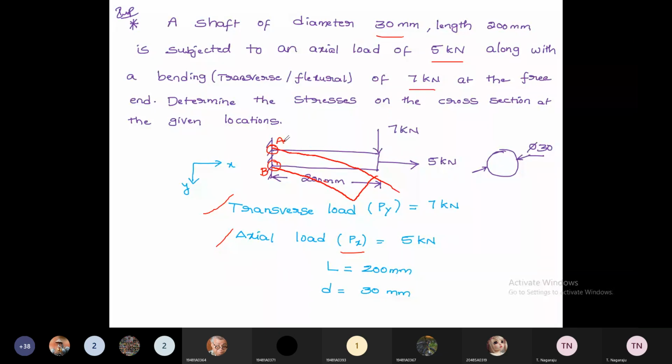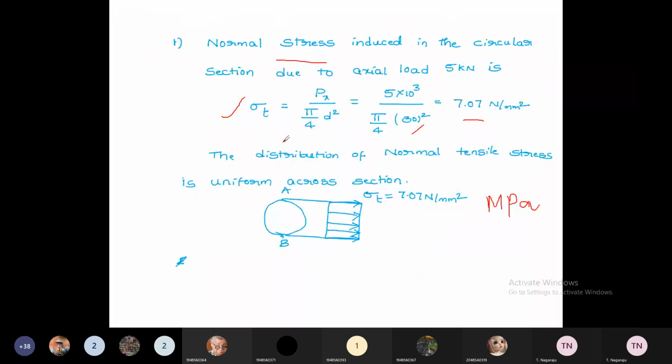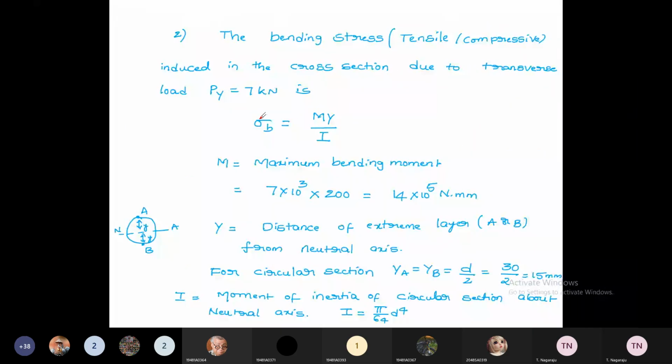To calculate that, we have a formula: bending stress is equal to M into y divided by I. Here the bending load is 7 kilonewtons, acting at the free end, and it has a certain perpendicular distance, which is the length of the beam L.